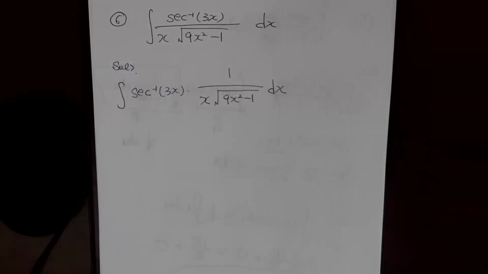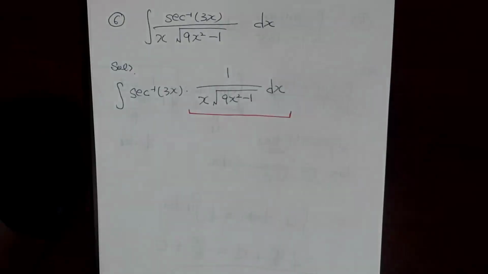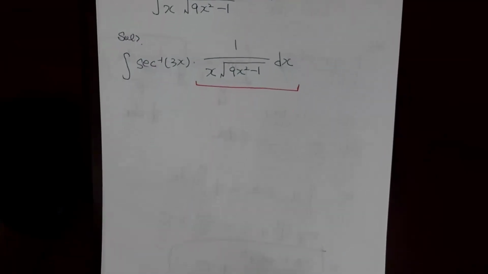If you remember the formula correctly, then definitely you should be able to see the second factor is the derivative of the first one up to a constant.